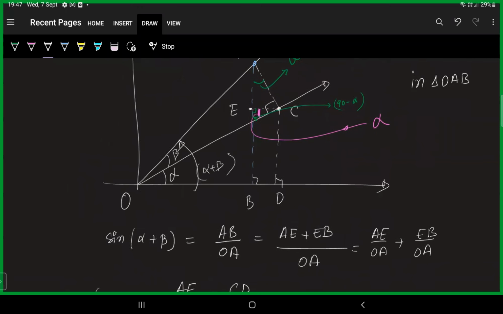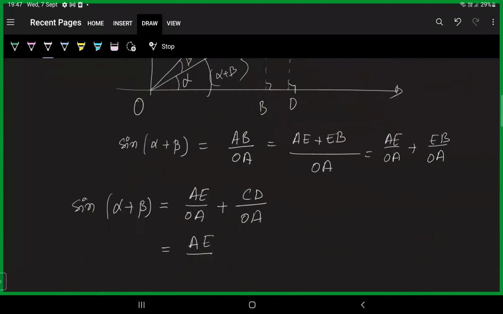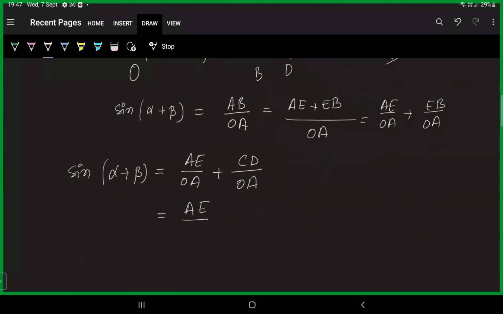Sine alpha is perpendicular upon hypotenuse, so we write AE upon AO into AO upon OA. Can we write it like this? I just want to write in terms of sine, because these two will cancel out.